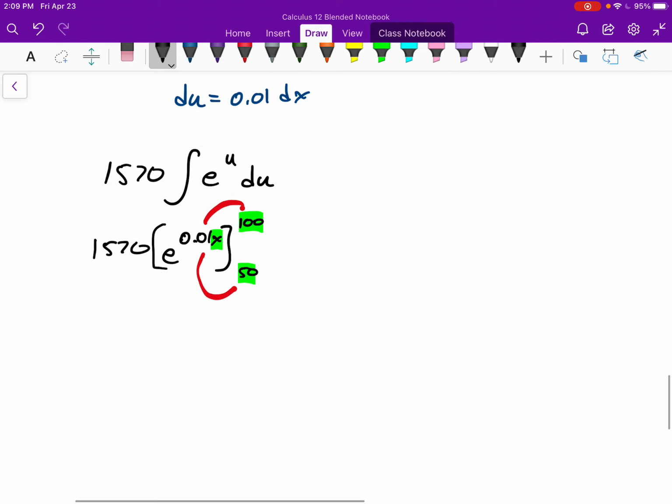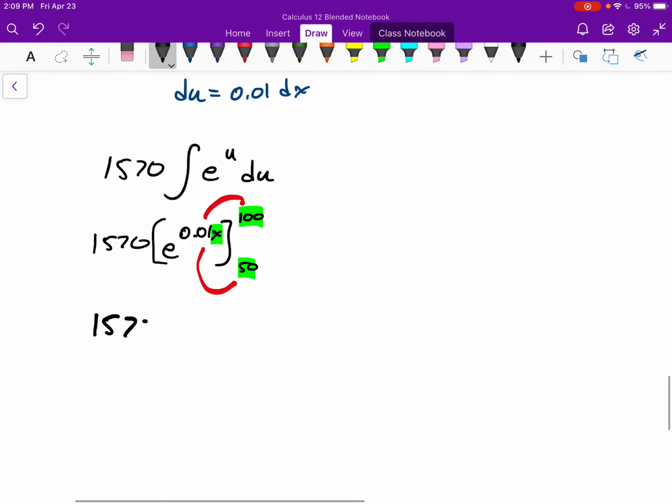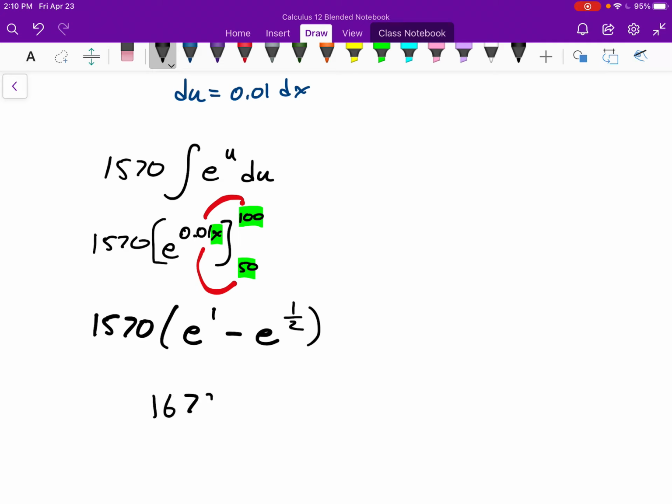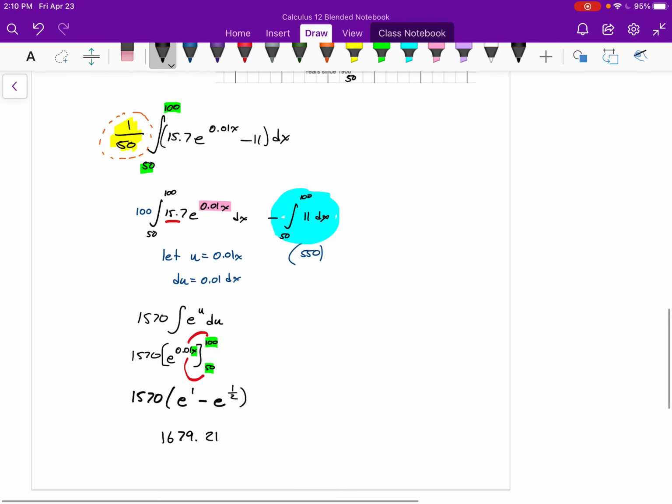And so I get 1,570 times e to the power of 1 minus e to the power of a half. Go to my calculator now, and this leads me to 1,679.21 approximately.